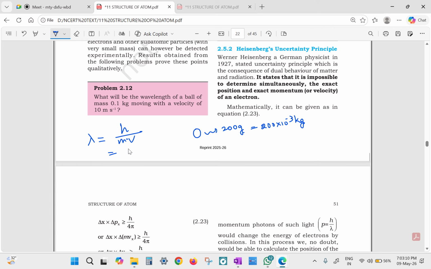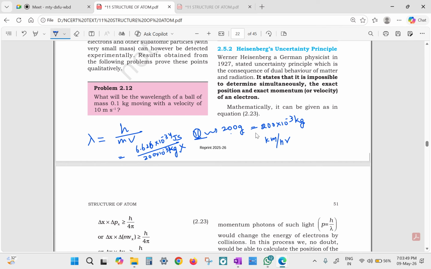Let us substitute. What is the Planck's constant value, children? 6.626 into 10 to the power minus 34 joule second, divided by the mass of the cricket ball, 200 into 10 to the power minus 3 kilograms, times the velocity. Everything in SI units. Assume that the ball is moving at a speed of, can we put it as 30 kilometers per hour?